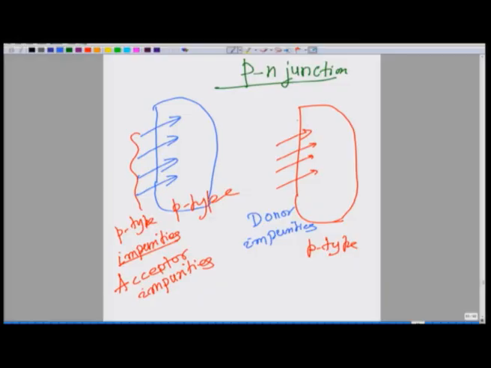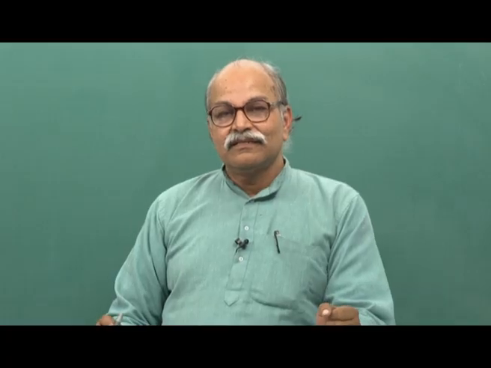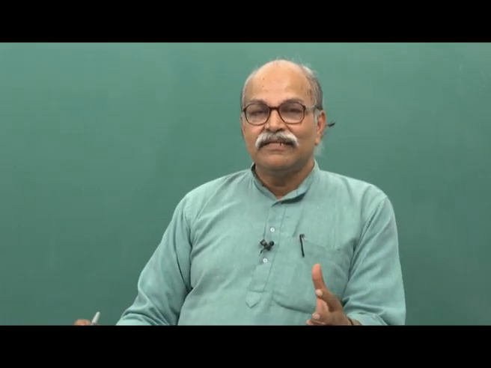So, if this diffusion is going up to this place, then you have p type here and n type here. This is n type and that is p type, and then this one is the junction, this is the p-n junction, this is the junction part. So, this is how a p-n junction is prepared, is made.